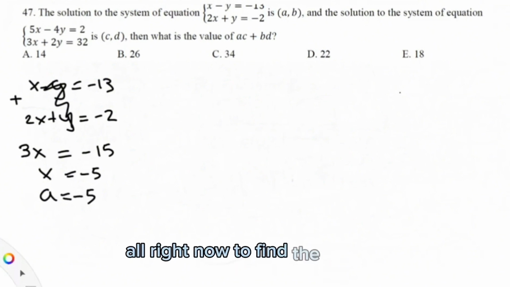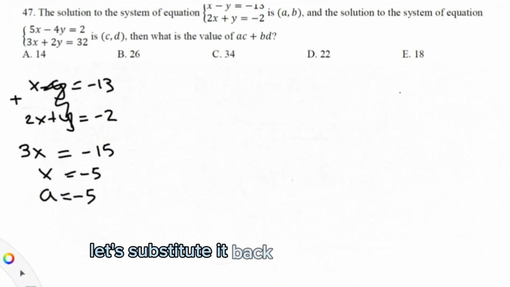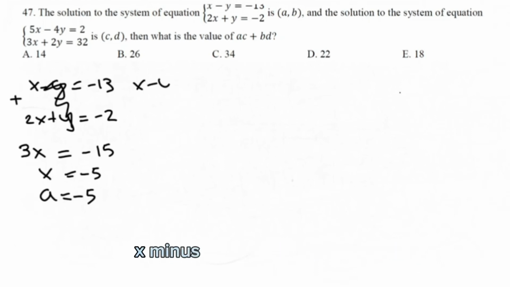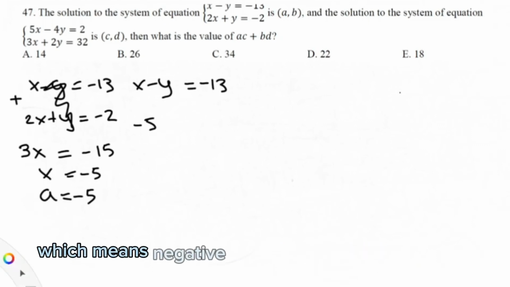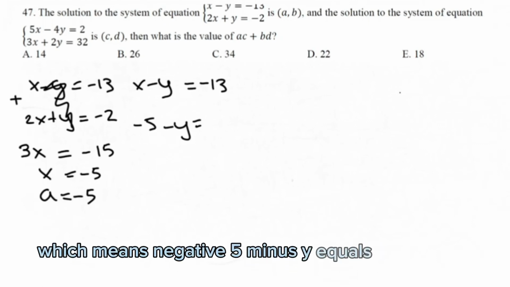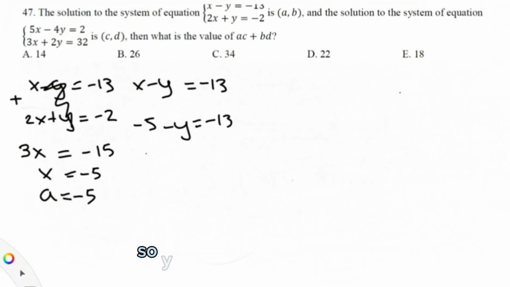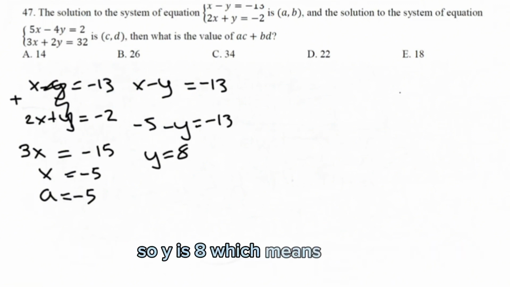Now to find the y value, let's substitute it back into the equation x minus y equals negative 13. So we know that x is negative 5, which means negative 5 minus y equals negative 13. So y is 8, which means b is 8.